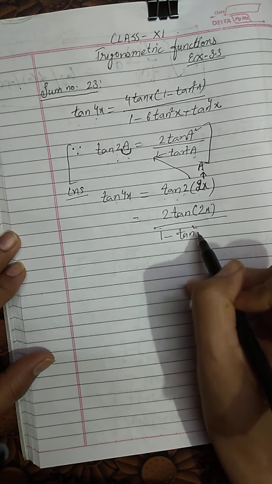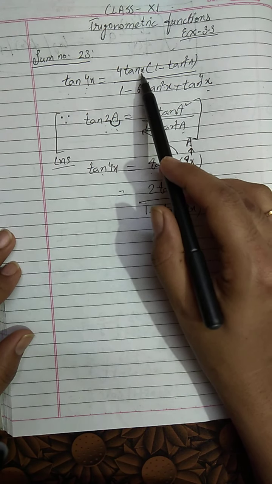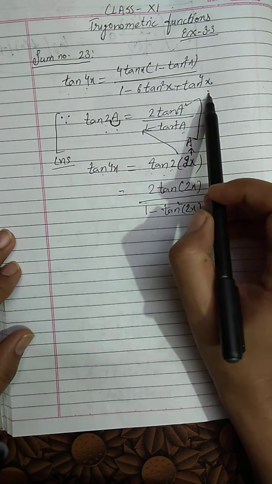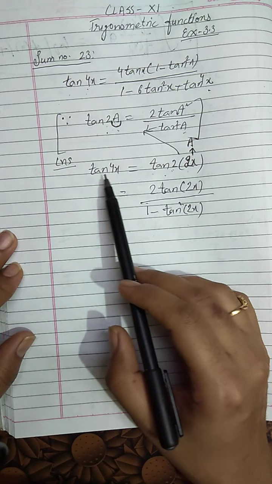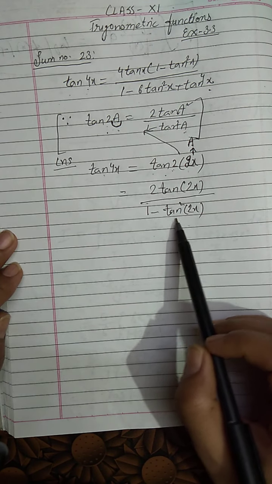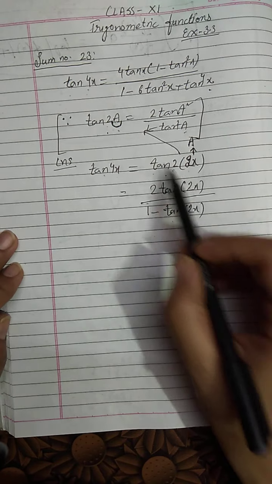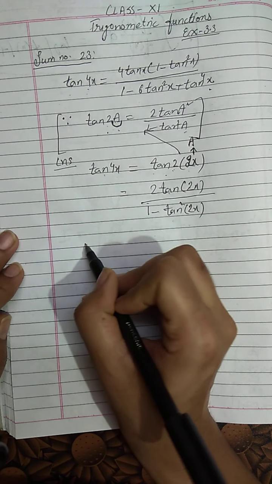Now what is the required part in the right hand side? Angle is x everywhere. In the left hand side we started with angle 4x, but everywhere we want angle x only. After the application of the formula, now we are getting angle 2x. That means further we have to divide the angle by 2. So for this tan 2x, once again I will apply the same formula.